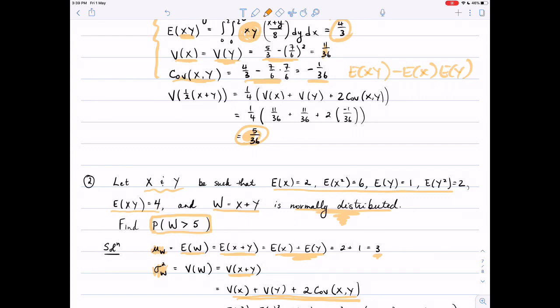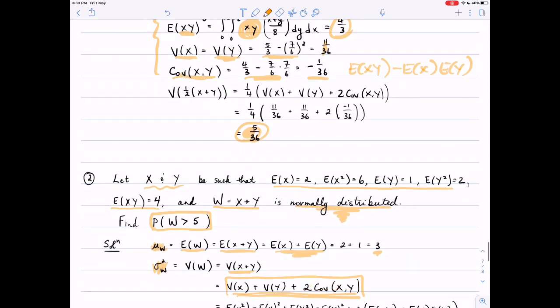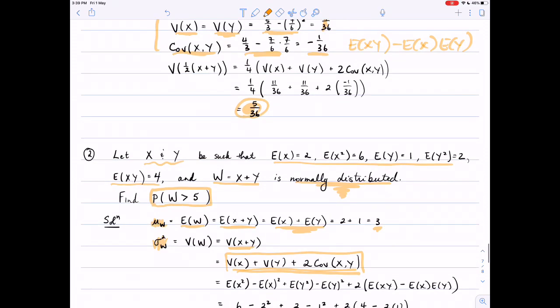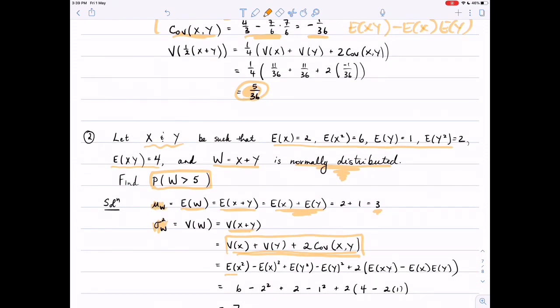If they have a covariance value which is non-zero, then we have to use this formula. If they had a covariance value which was 0, that term would go away, but it doesn't. Well, we don't know it doesn't, but we have to assume that it doesn't until we show otherwise.